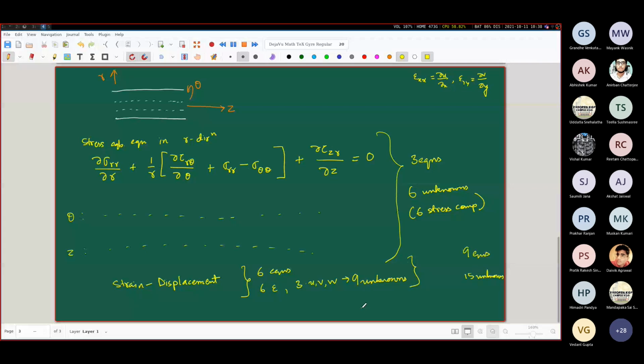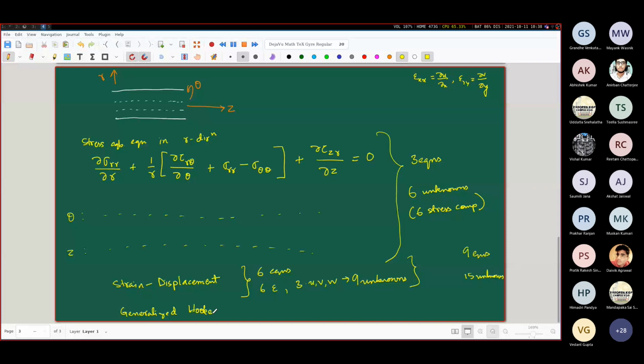We use the stress strain relation. Very good. You use the generalized Hooke's law. I'm being very specific here because within the context of your second year syllabus, the only stress strain relation you are going to study is the generalized Hooke's law.